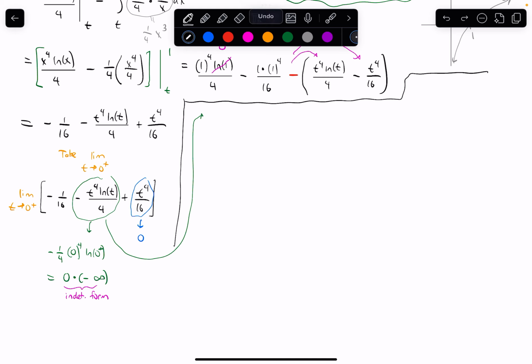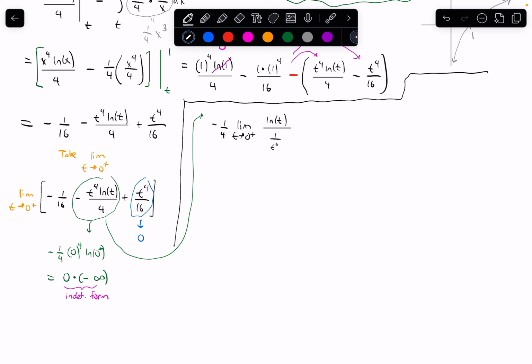And the trick, when you have a 0 times infinity indeterminate form, is to move one of the terms, either the 0 or the infinity, to the denominator. So this minus 1 over 4, I'm just going to leave it in front. So I got that minus 1 over 4. I'm doing this limit as t approaches 0 from the right. I'll leave the ln where it is. And then the t to the 4th, I'll bring to the bottom.